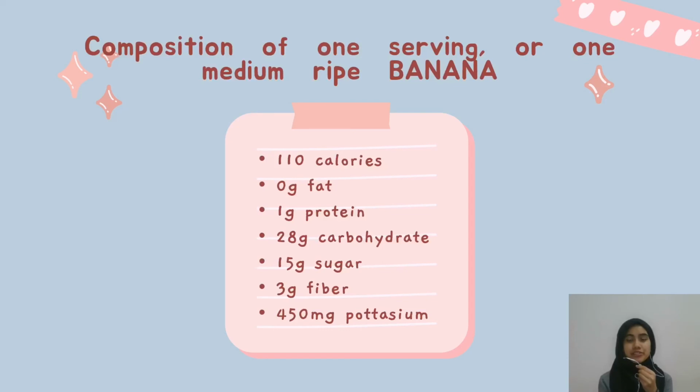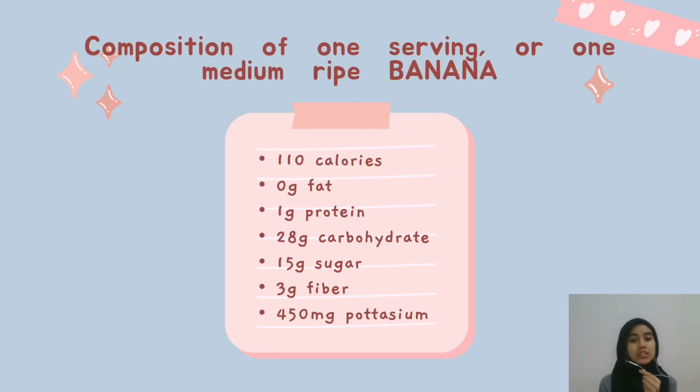Composition of one serving or one medium ripe banana: 110 calories with 0 gram fat, 1 gram protein, 28 gram carbohydrate, 15 gram sugar, 3 gram fiber, and 450 milligram potassium. Bananas release a gas called ethene that makes other fruit ripen.